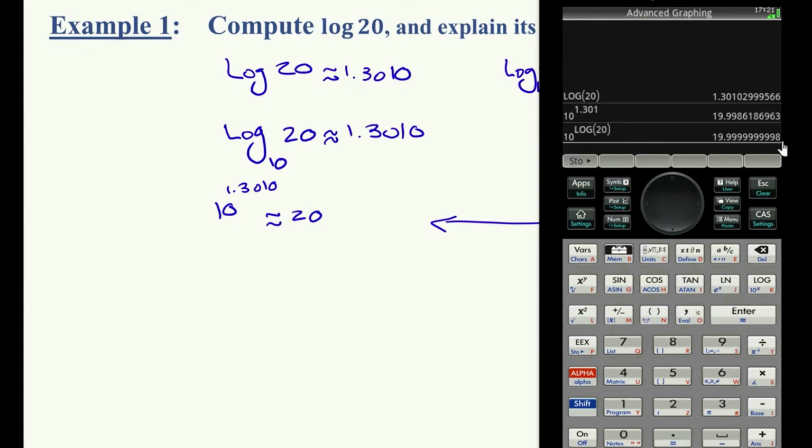This is the limitation of a calculator. Even with log 20, even if we don't limit it, the calculator itself has a limitation, so it's just going to get extremely close. But some calculators actually end up giving you 20. It depends on the calculator you're using.